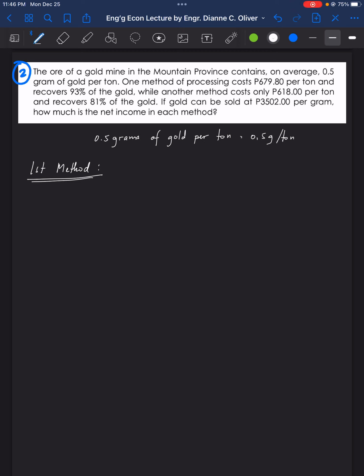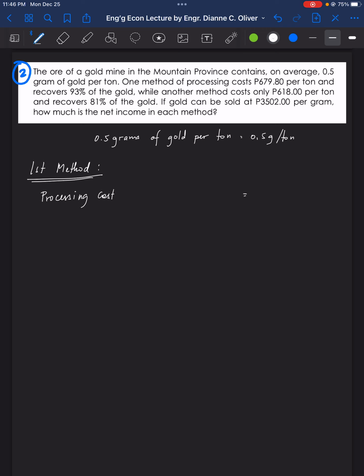Okay, so that is the income, because it will cost 618, it can be sold for 3,500. Okay. So for the first method, we have the processing cost. So that is fixed.